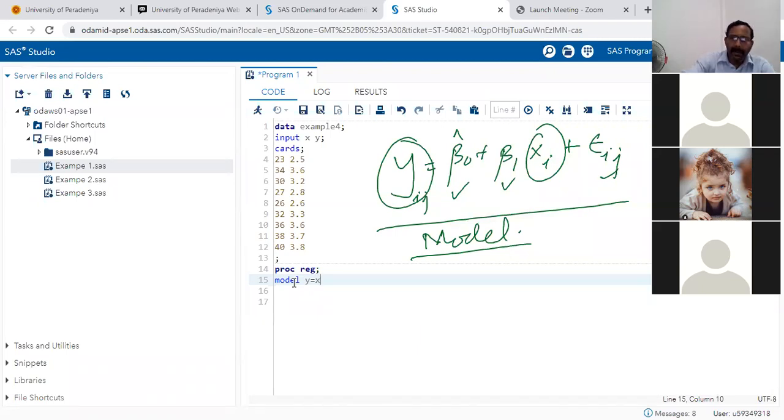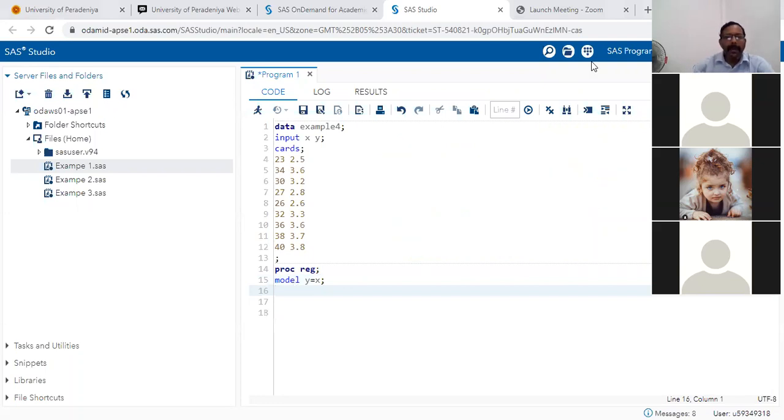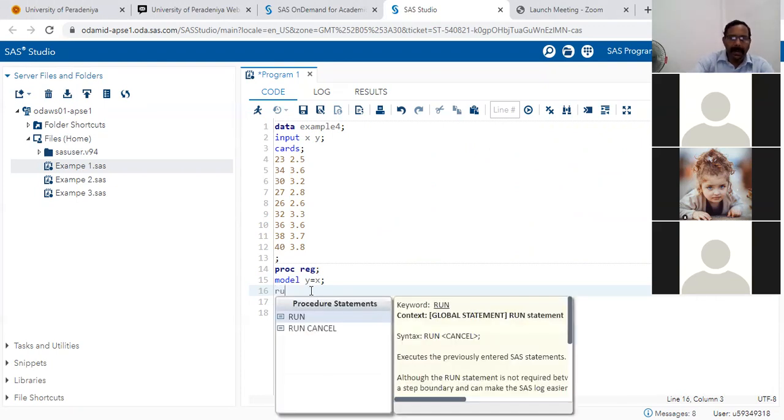The rest is automatically calculated by the computer. Beta naught, beta 1, and the error term will be calculated automatically. So the model is Y equals X. Then run.